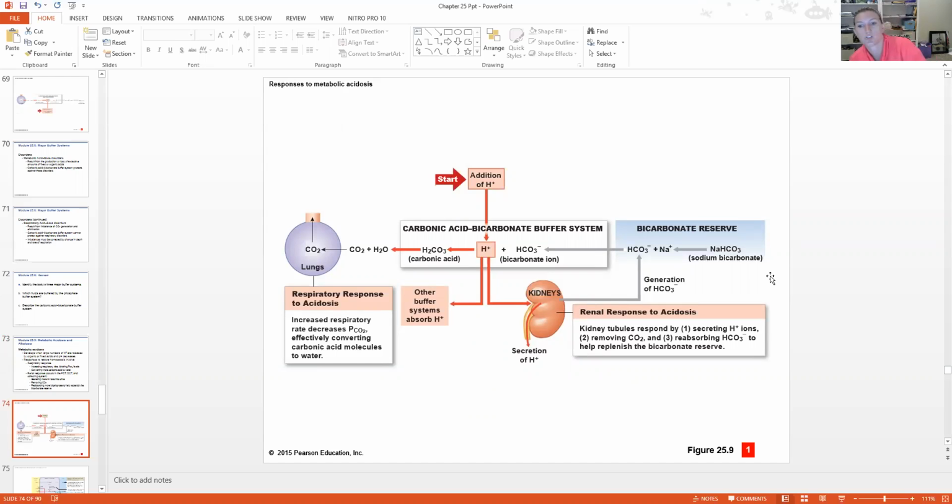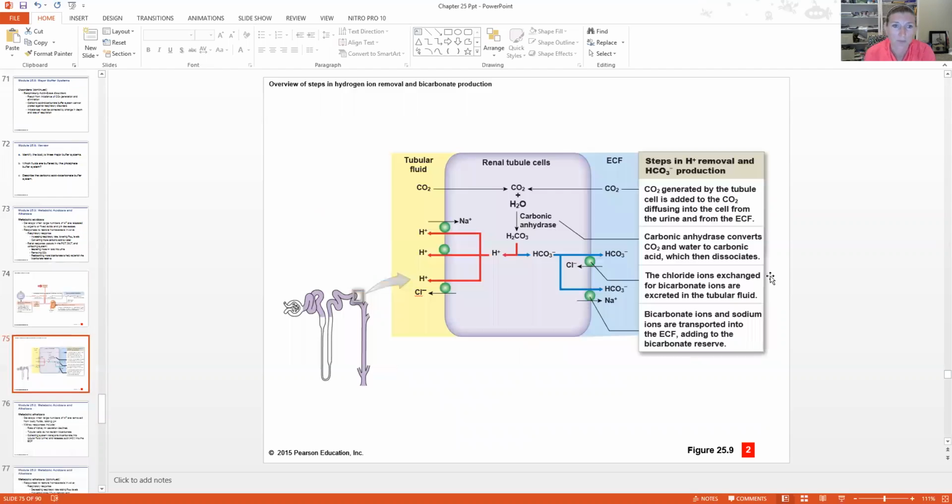This is going to cause your urine to drop in pH, but as your body is releasing hydrogen ions, it's reabsorbing bicarbonate ions, and so the bicarbonate can float around and soak up any extra hydrogen ions in the blood to help act as a buffer as well. So it's kind of a triple threat.